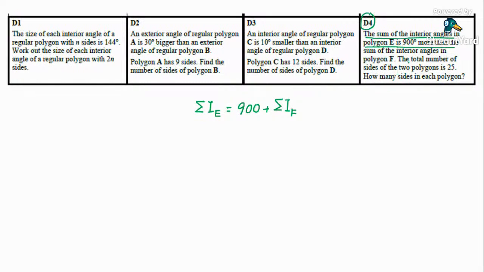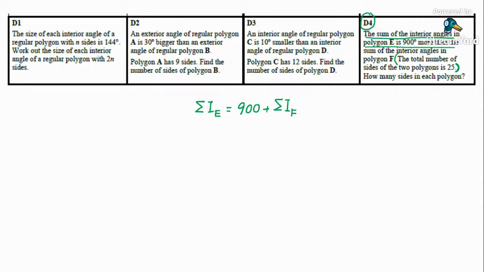Okay, so the total number of sides of the two polygons is 25. So how many sides in each polygon?